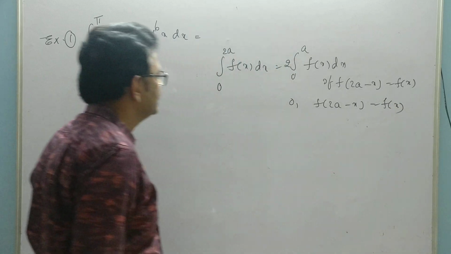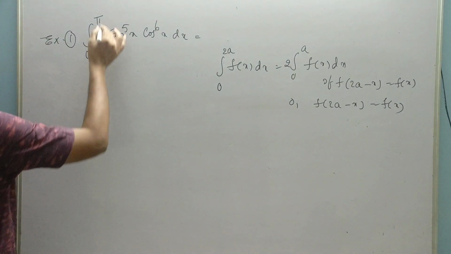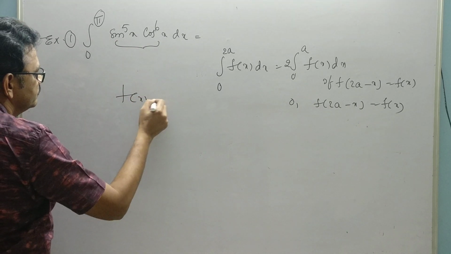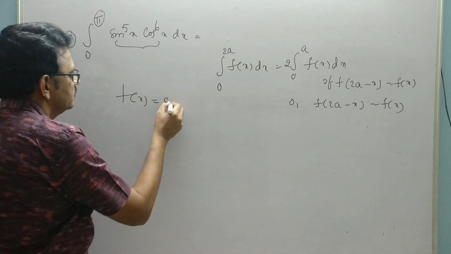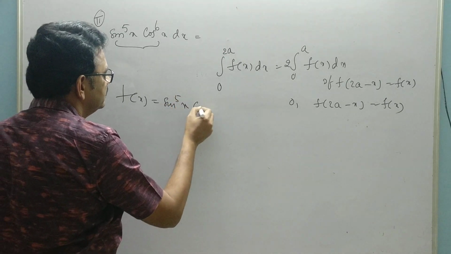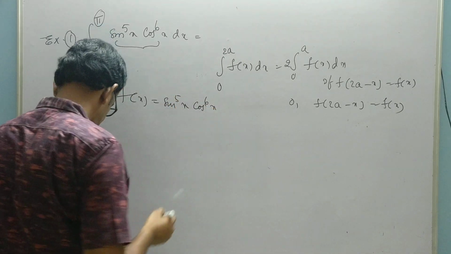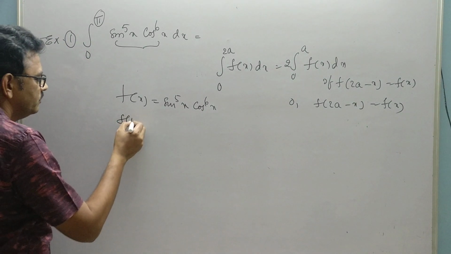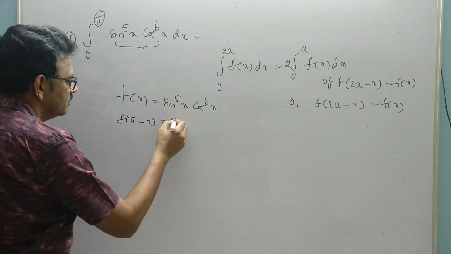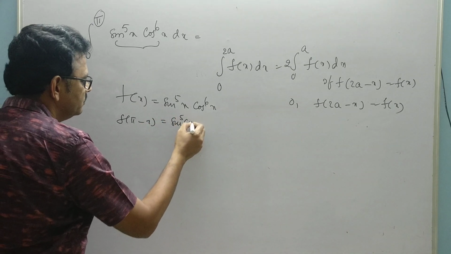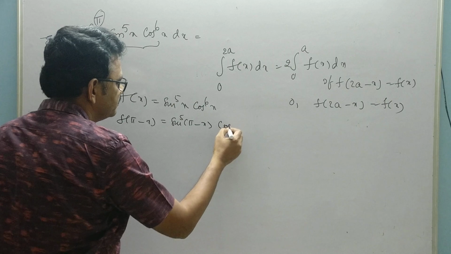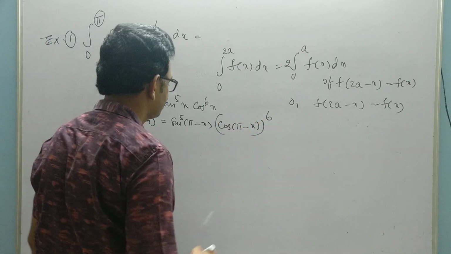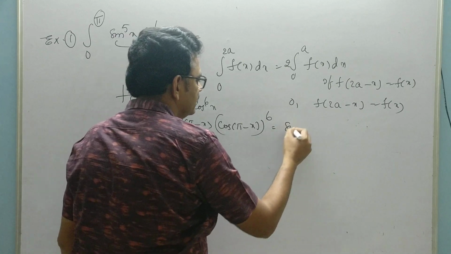Now I am applying this formula. So this is treated as 2a. Let this be f of x. f of x equal to sin power 5x into cos power 6x. Okay, now f of pi minus x equal to sin power 5 of pi minus x, cos of pi minus x whole power 6, which is equal to sin power 5x.